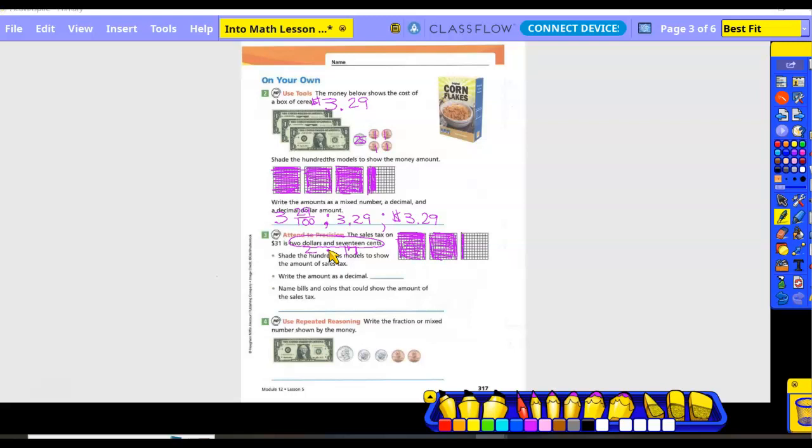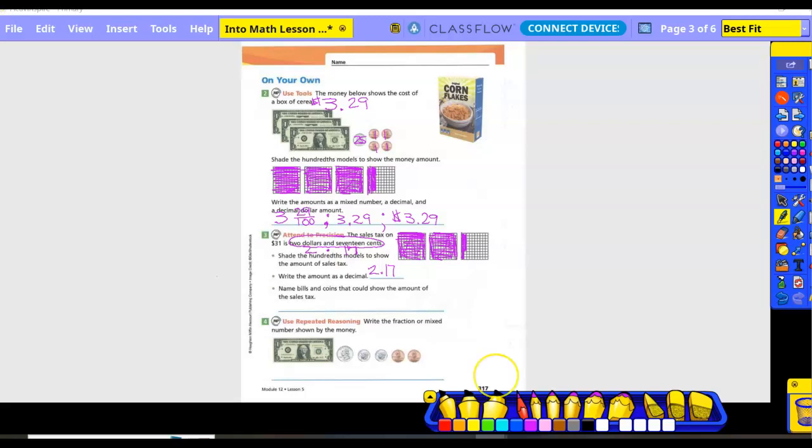And how many of the second column? 7. Okay, so they want us to write that as a decimal. Did we do that up here already? To kind of help us. So 2.17.